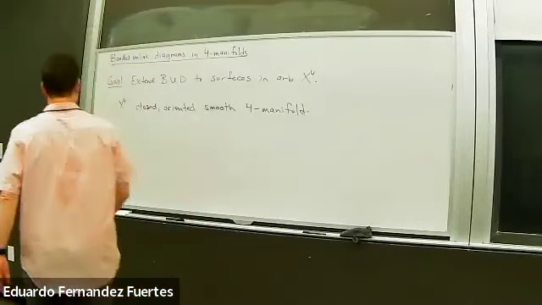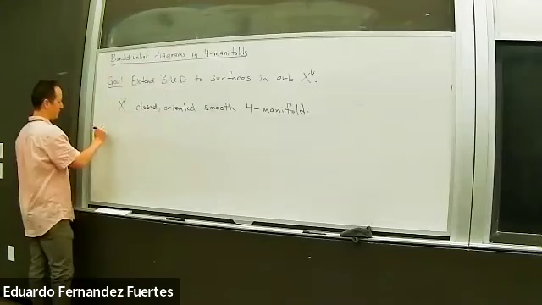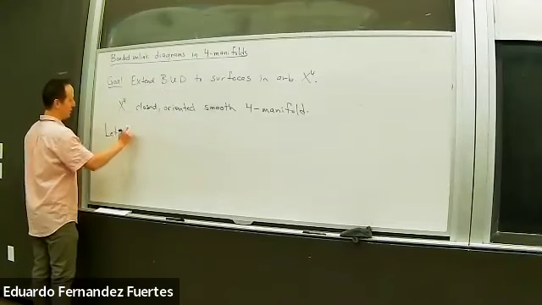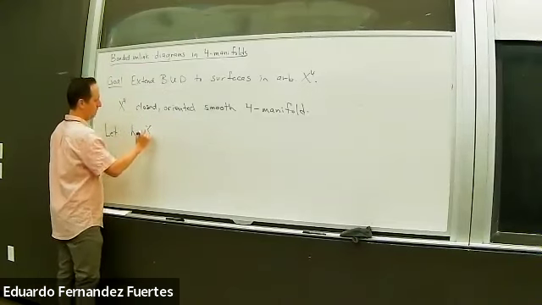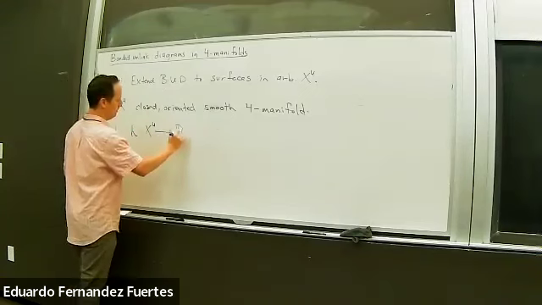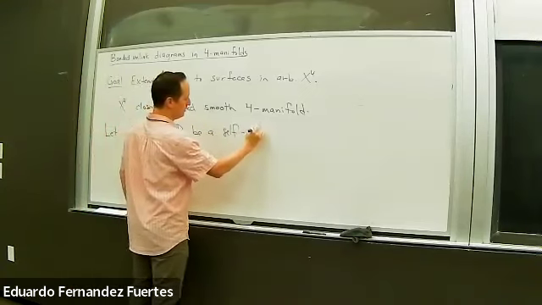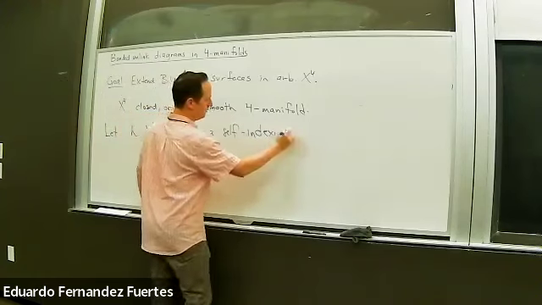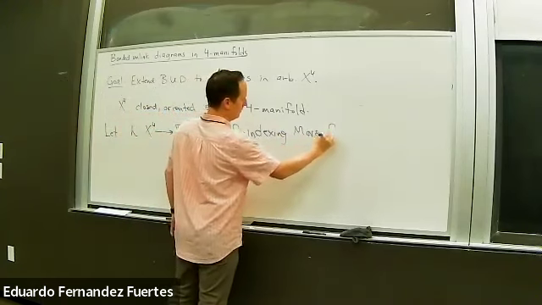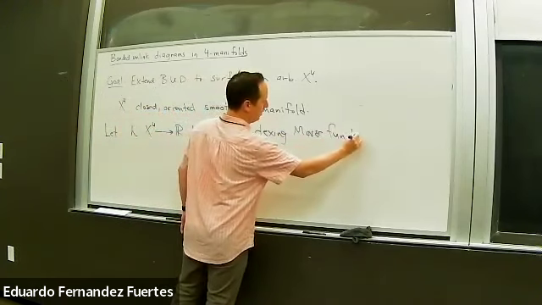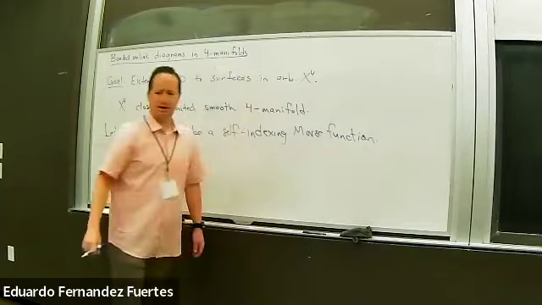So this extra structure is going to come in the form of a Morse function. So we're going to let H be a self-indexing Morse function. Okay, and what do I mean by self-indexing?